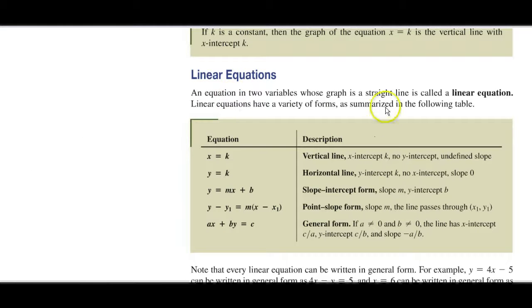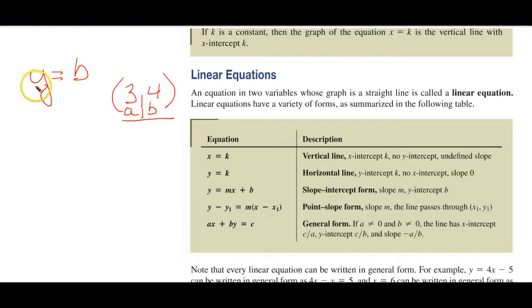Now, if they ask for an equation of a horizontal line going through this point, remember this is a, b, and the equation of a horizontal line is y equals b, your equation would then be y equals 4. Just as a vertical line would be x equals 3.